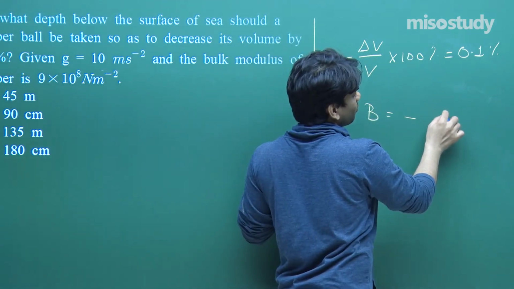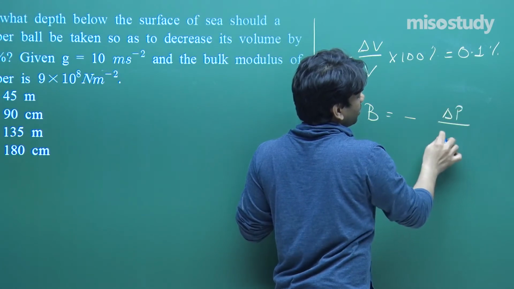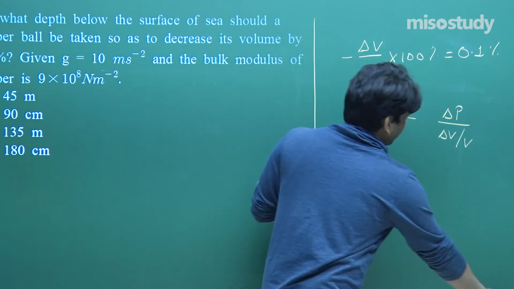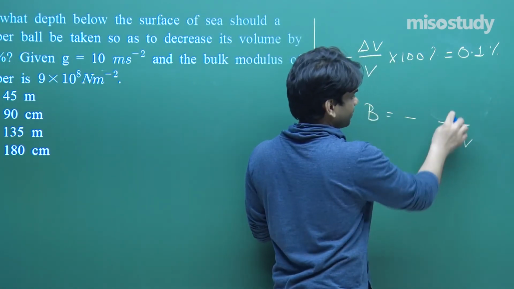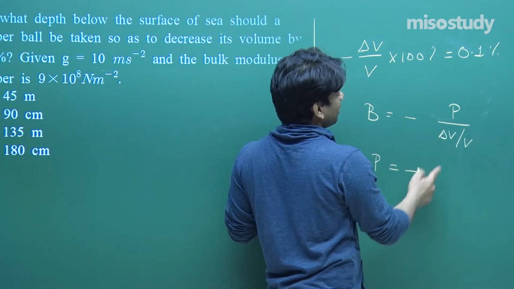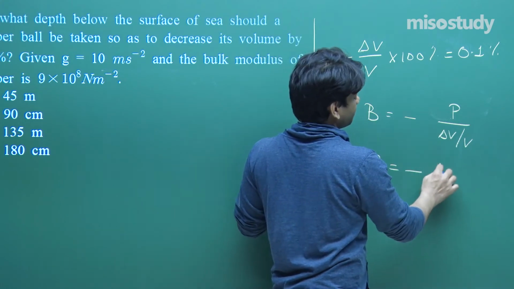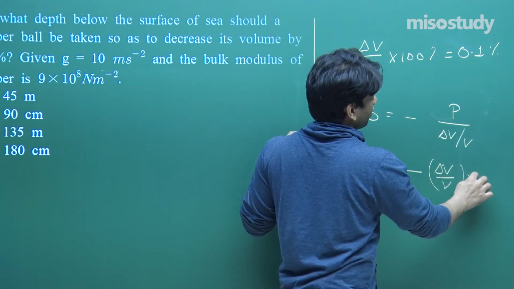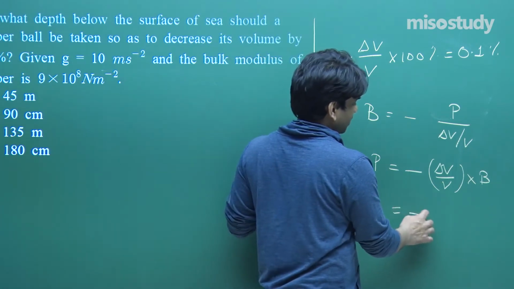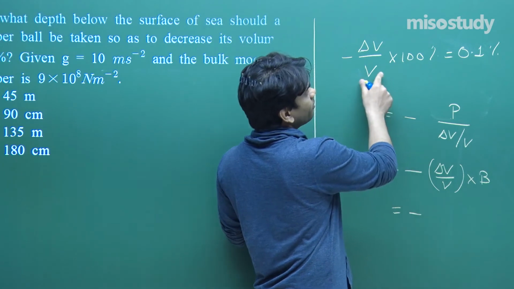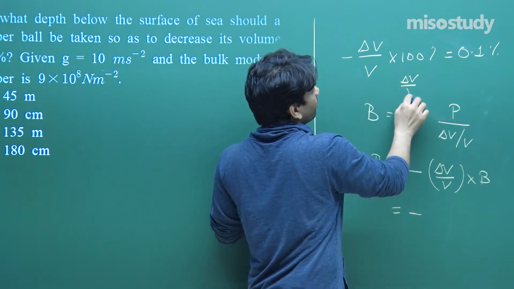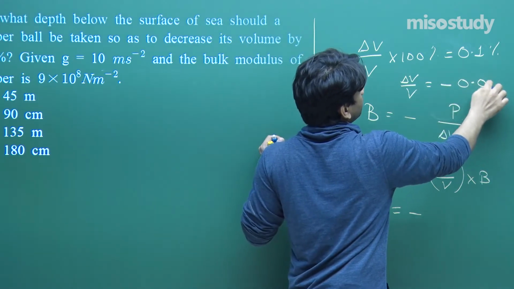Bulk modulus is minus delta P by delta V by V, or we can use pressure instead of delta P. So the value of pressure will come out to be minus delta V by V multiplied by B. Now substitute the value of delta V by V, that will be equal to 0.001, and since it is a decrease, delta V by V is minus 0.001.